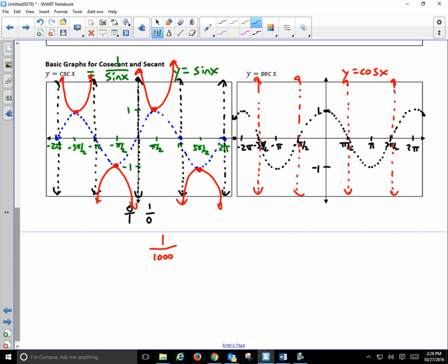After I do that, I just draw these U-shaped things at the max and mins.